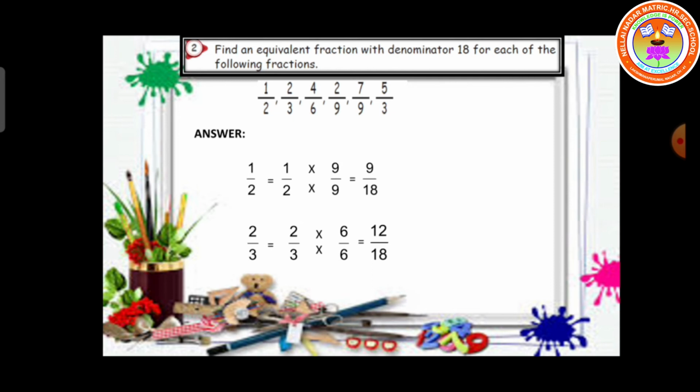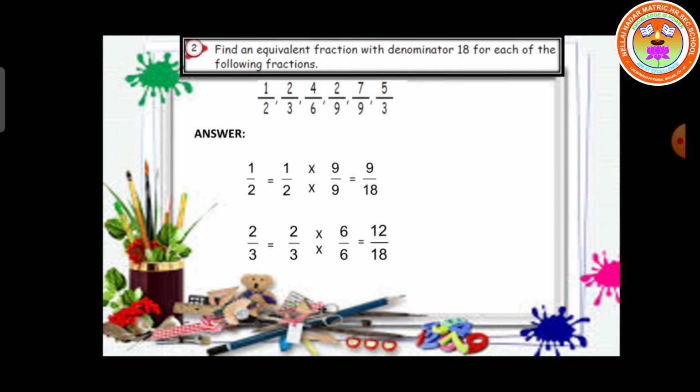Next, find an equivalent fraction with denominator 18 for each of the following fractions. See, they have given one set of fractions. We have to find out the denominator 18. That is, what number is multiplied with the denominator? We will get 18, that we have to find out. Let us take the first fraction, 1 by 2.